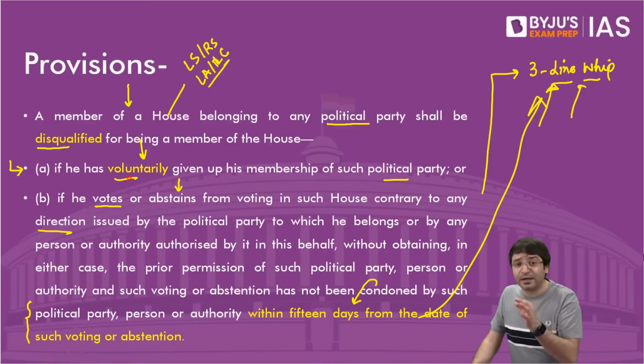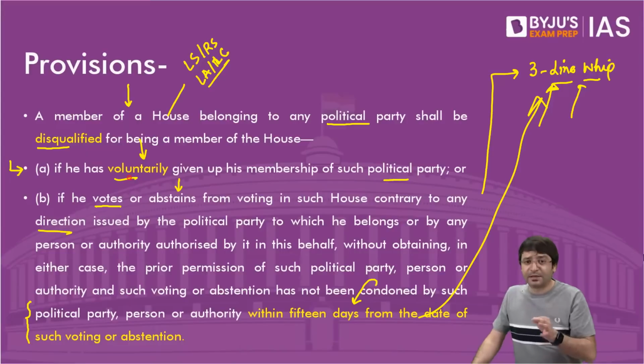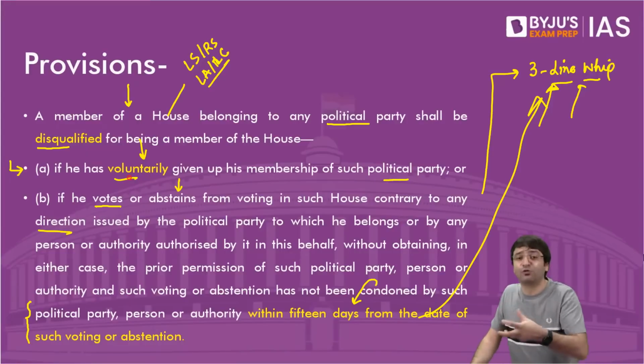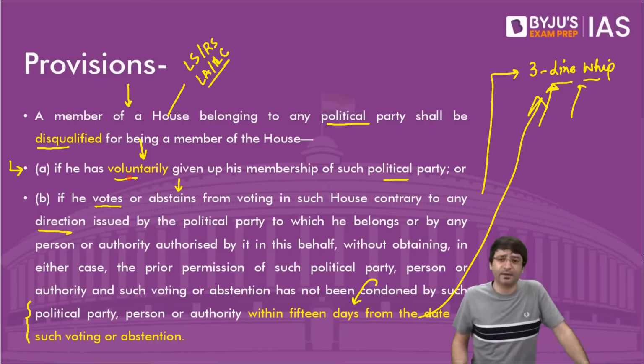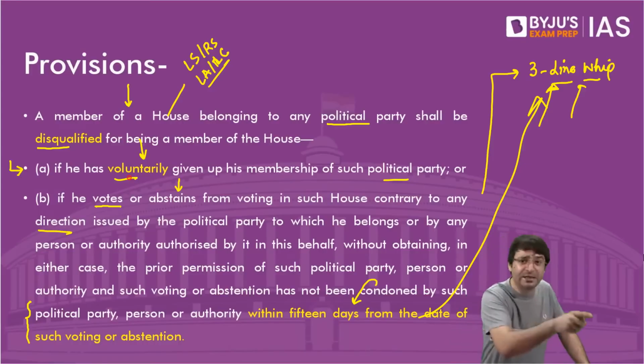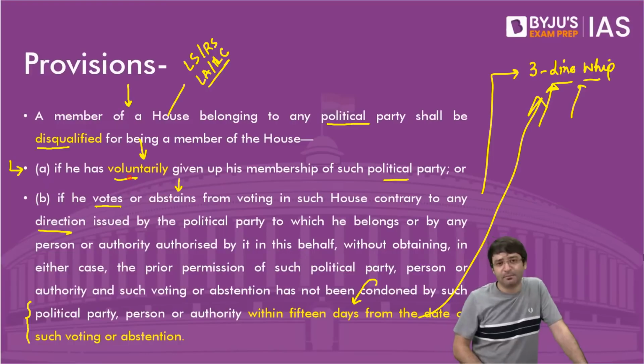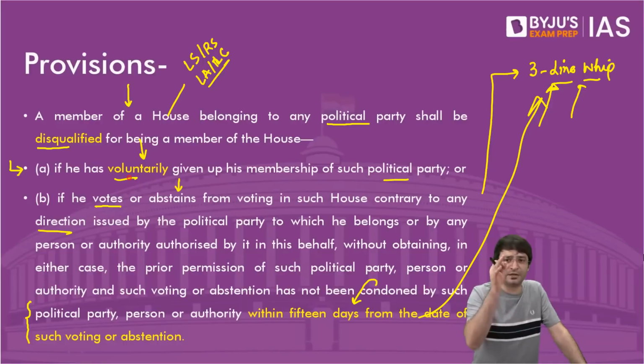But even if you violate, the political party has 15 days to condone your violation. And if it accepts, no action will be taken against you, even if you have violated the whip. But after the expiry of 15 days, if the political party has not condoned your violation, you will be disqualified under the provisions of the 10th Schedule of the Constitution.